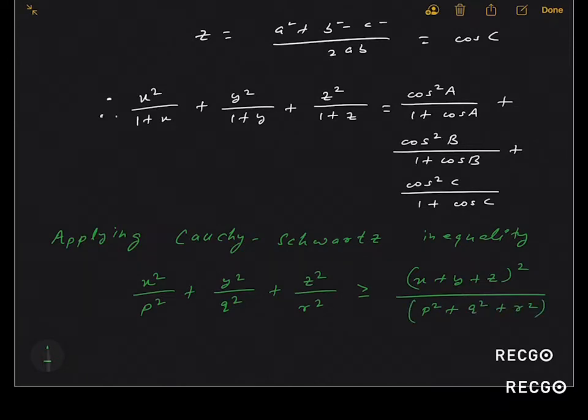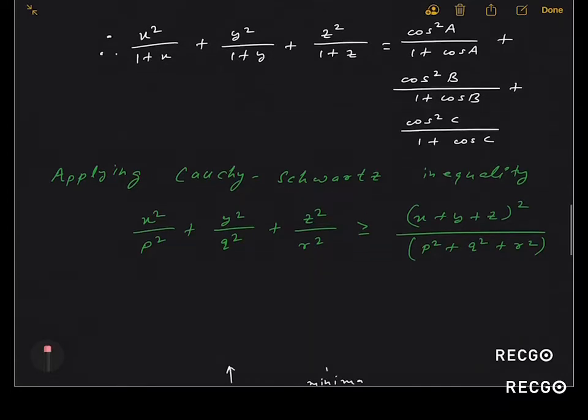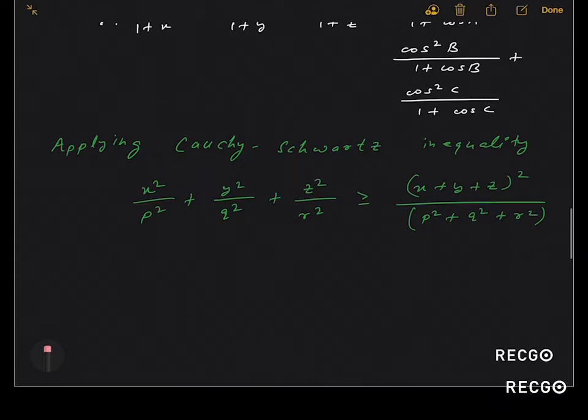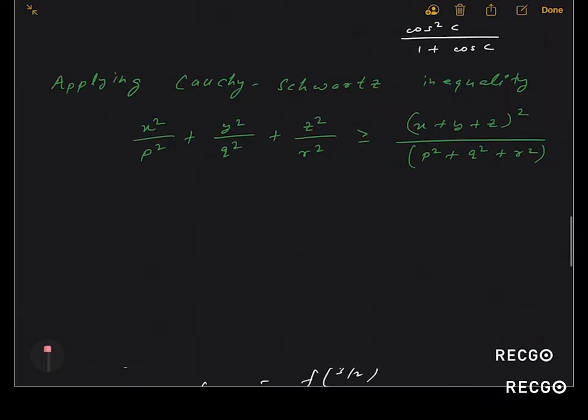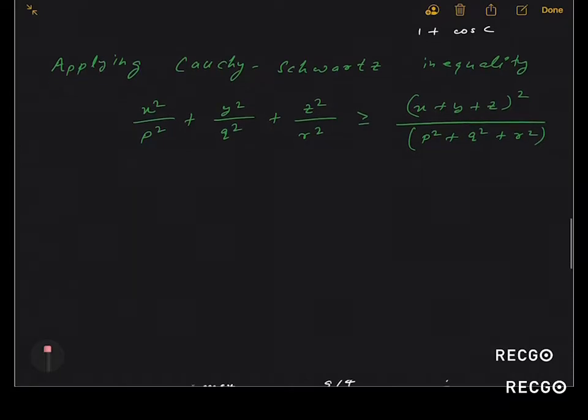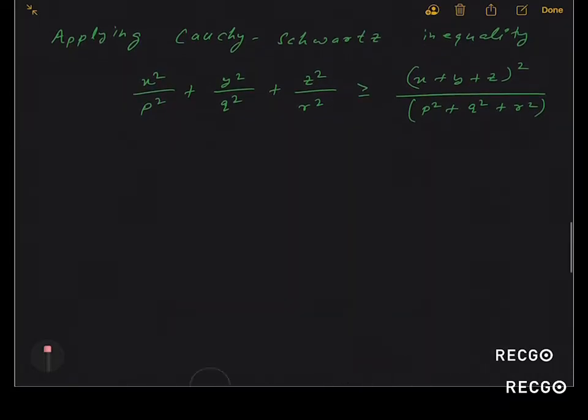This is very useful and famous, just like the arithmetic geometric mean inequality you study in the advanced syllabus. In fact, this inequality can be derived from the arithmetic geometric inequality, but that is a lengthy method. So you should not focus on the proof. Rather, you should directly use this result.